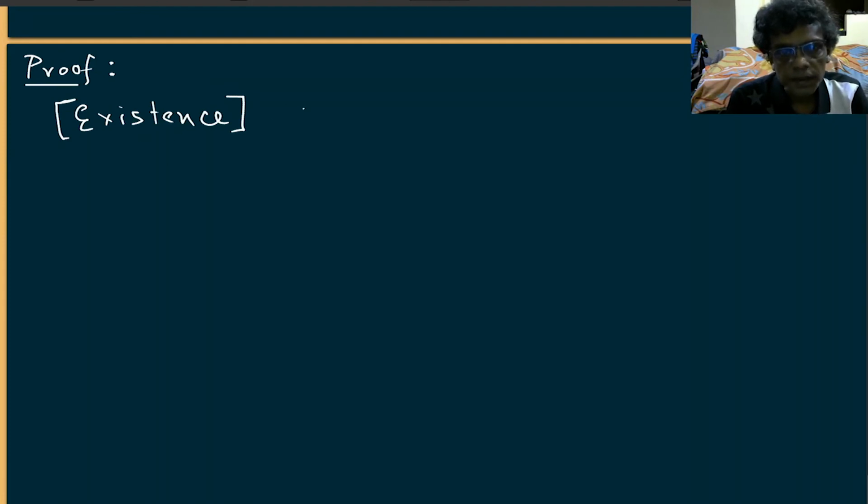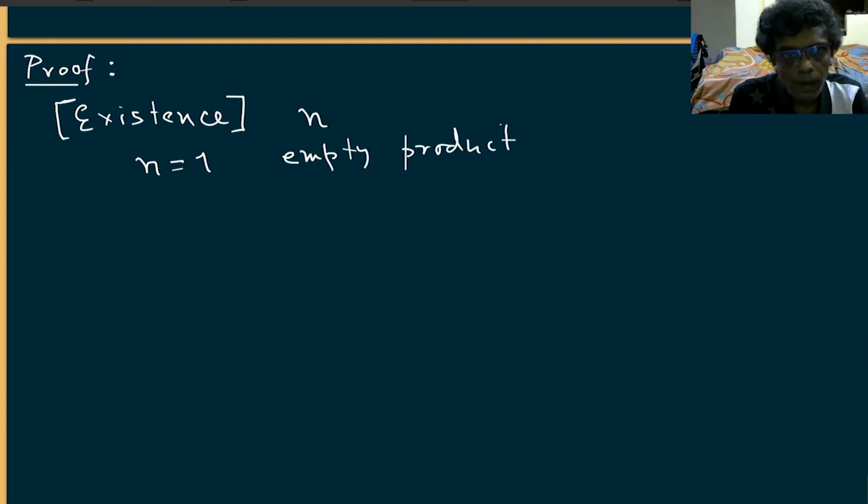So, let us take some positive integer n. If it is 1, then this is an empty product, so let me write n equal to 1, empty product. If n is prime, then also we are done.